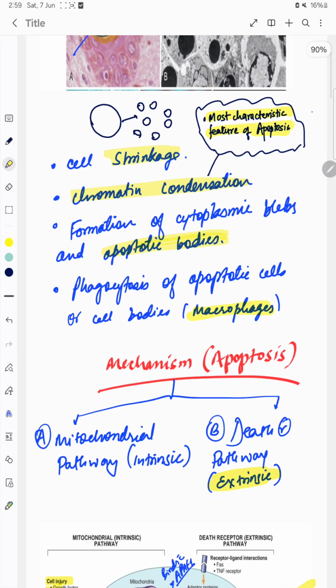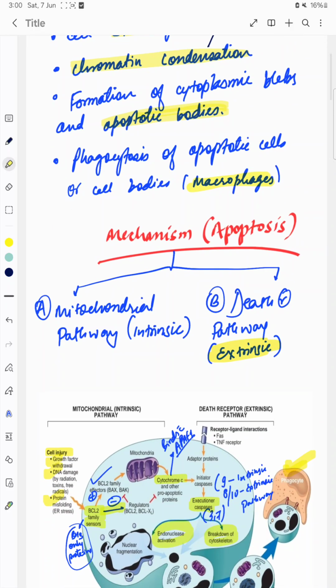Now we will see the mechanism of apoptosis. How does it work? There are typically two main pathways we will discuss: the mitochondrial pathway, also known as the intrinsic pathway, and the death receptor pathway, or extrinsic pathway.